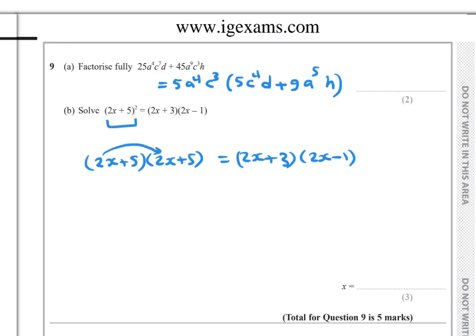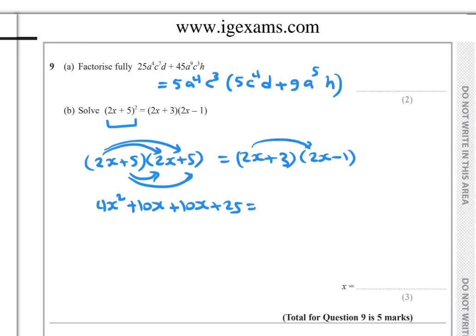So 2x times 2x equals 4x squared. 2x times 5 is 10x. 5 times 2x is 10x. 5 times 5, 25. For the right hand side, 2x times 2x, 4x squared.